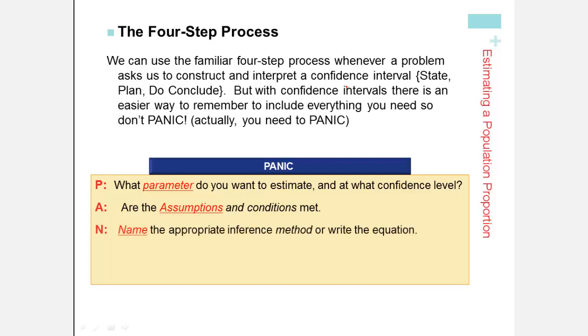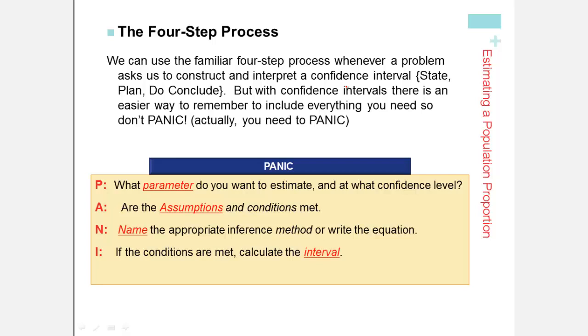N stands for the name of the appropriate inference method or writing out the equation. In our example, that would be p hat plus or minus z star times the square root of p hat times 1 minus p hat divided by n. This formula will change when we do different kinds of confidence intervals. I stands for calculating the interval.